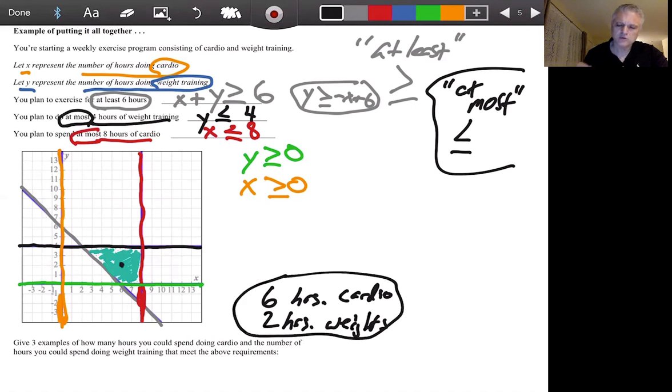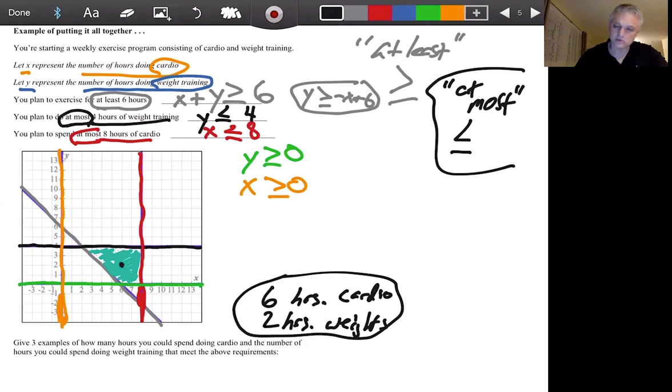Okay, so if I do 6 hours plus 2 hours, that is more than 6 hours that you would be exercising. Okay, greater than or equal to 6. The y is greater than, the x is less than 8, and the y is less than 4. Okay, so all of the conditions are set. Let's pick another point.